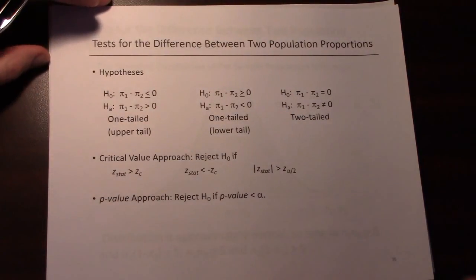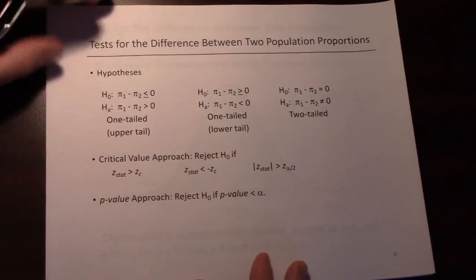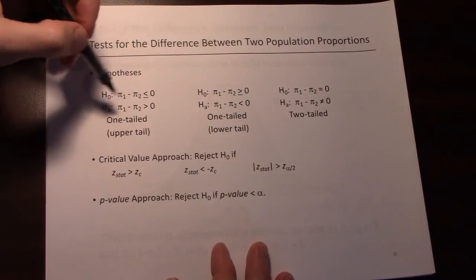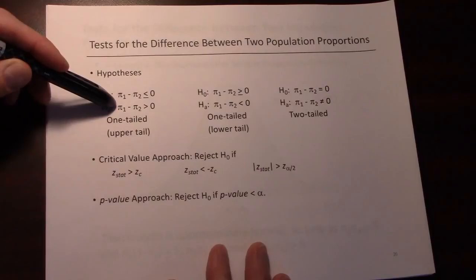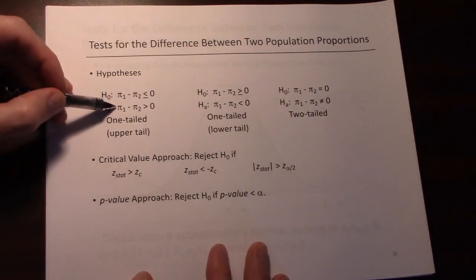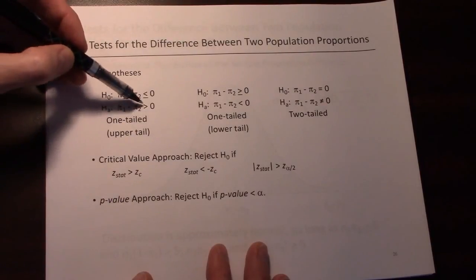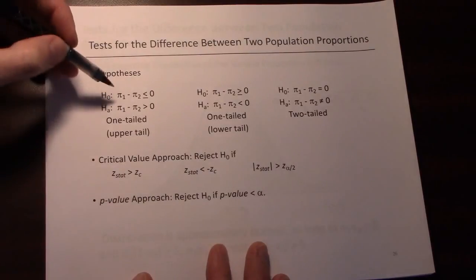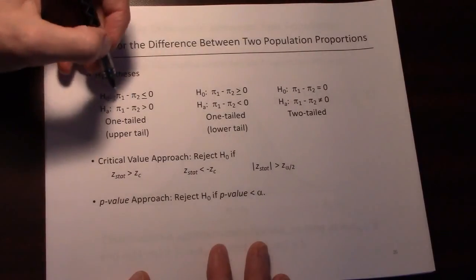If we were looking to prove or disprove something a little more specific, if someone maybe said, hey, I think the proportion of men who support Donald Trump is significantly greater than the percentage of women who support Donald Trump. So if we take the proportion of men who support Donald Trump minus the proportion of women who support Donald Trump, we're going to get a number greater than 0. It's going to be a positive number. So we would set up a null hypothesis with the opposite of that.